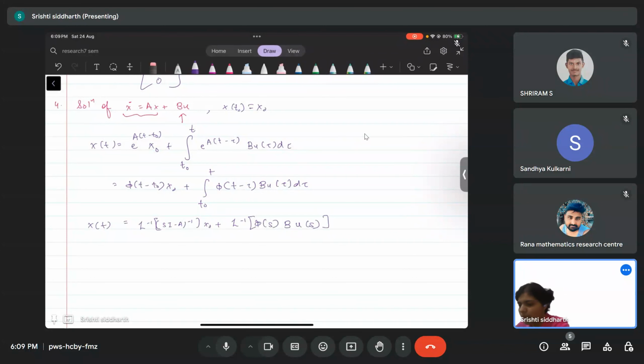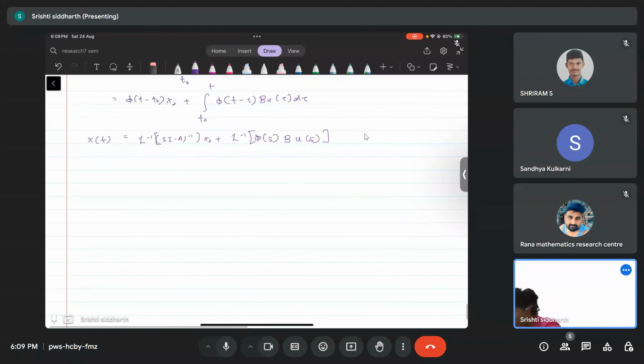So let's look at some questions now. Okay, so now we have a state space model of second order, so x1 dot and x2 dot. So let's see. Okay, so 0, 1, 0, 1, minus 1, minus 2.